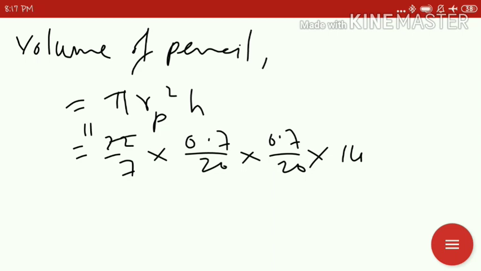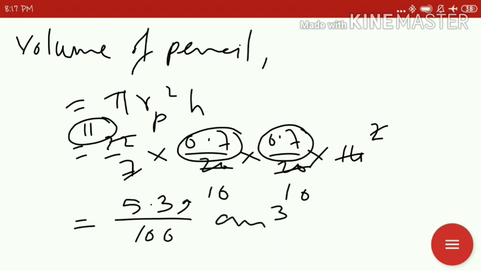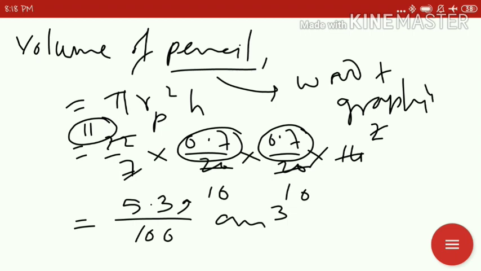In the same manner, after cancellation, multiplying 11, 0.7, 0.7, you get 5.39 by 100 centimeter cube. So this is the volume of the pencil. That means pencil means wood plus graphite.